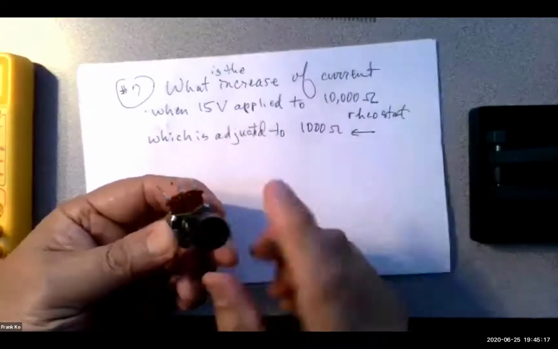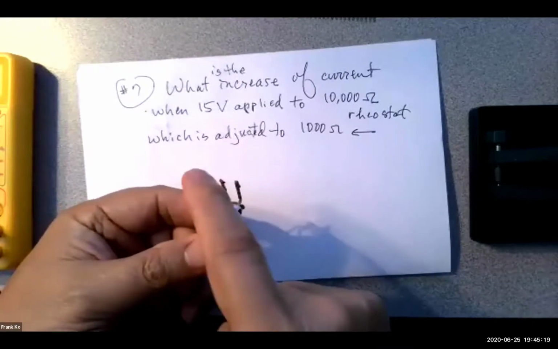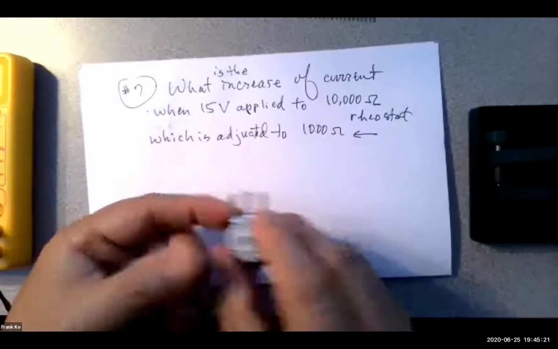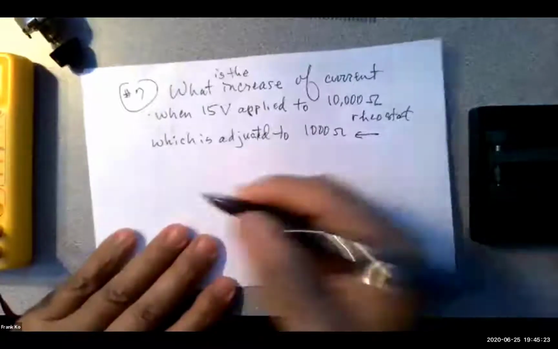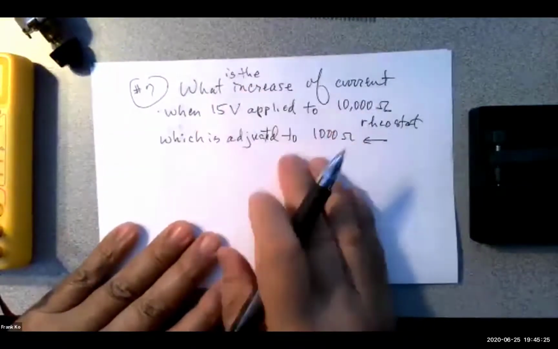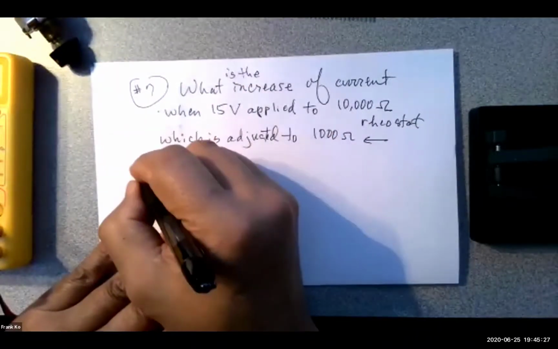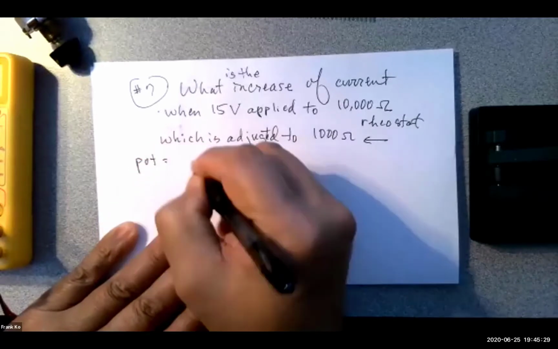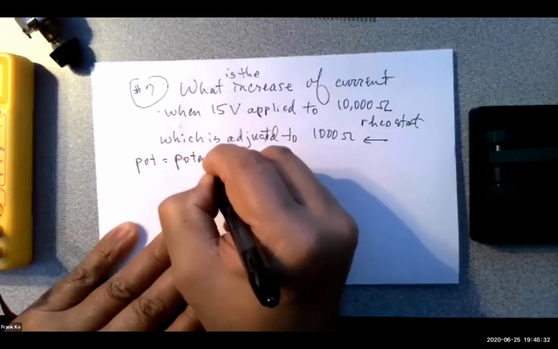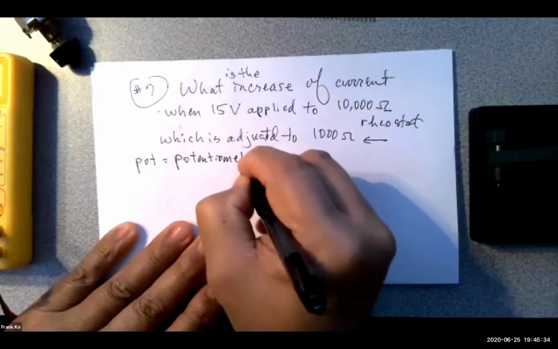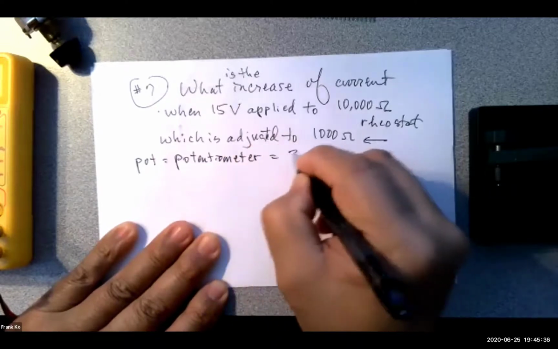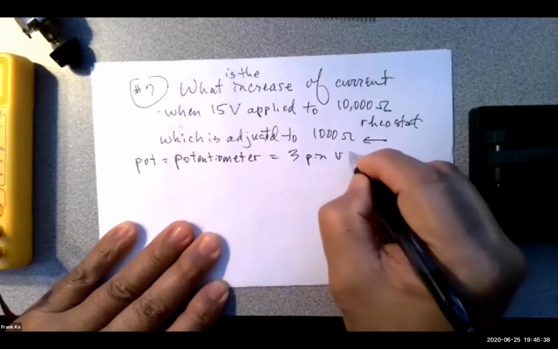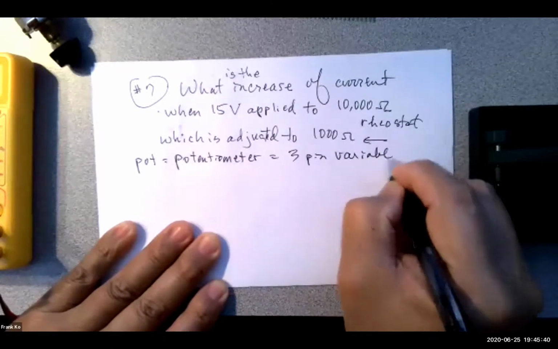It changes the resistance. And a potentiometer happens to have 3 pins, all right? This is part of the background in your reading. So let me go ahead: pot equals potentiometer equals 3-pin variable resistor.